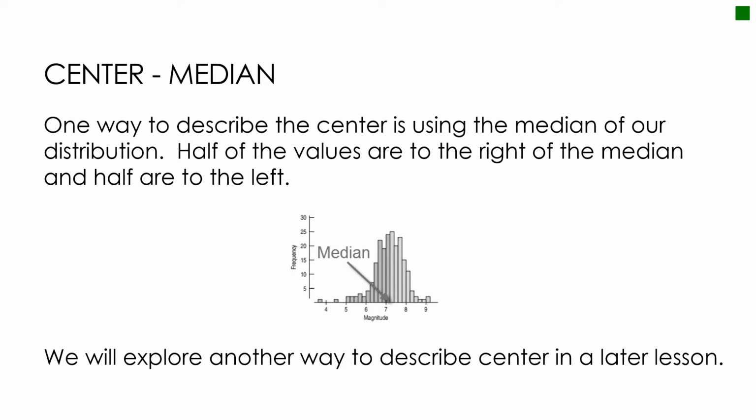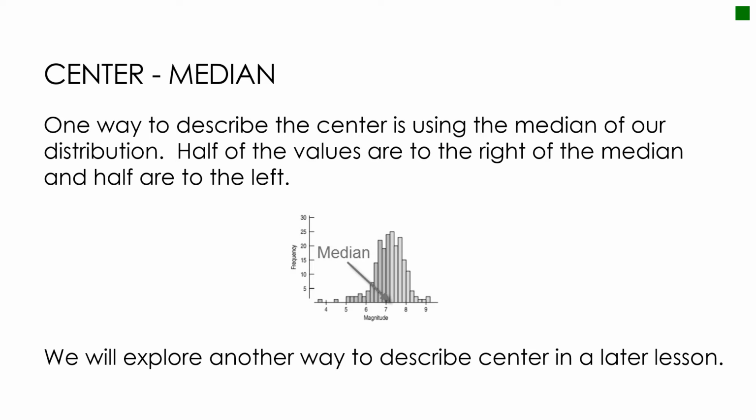So we had some things to look at when talking about the shape. Now, in talking about the center, we're going to focus first on the median, and then in the next video we're going to look at the mean, which we'll talk about when to use which one. But for now, let's just look at the median.